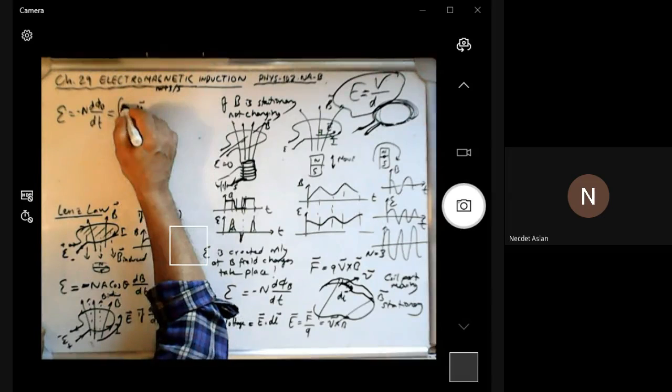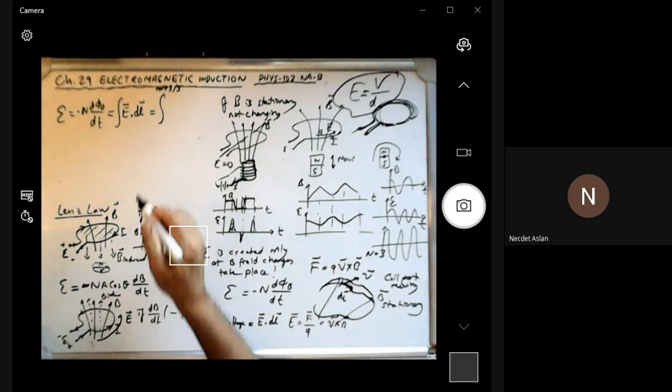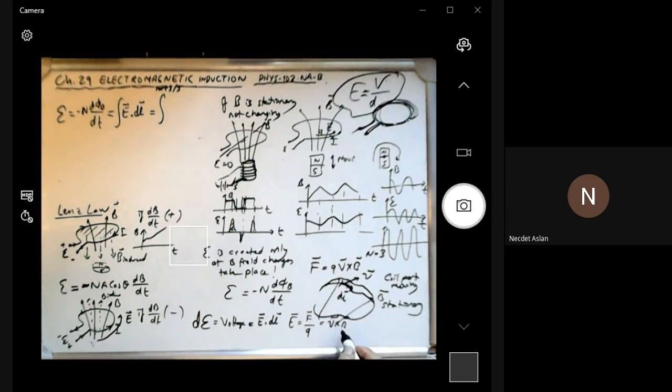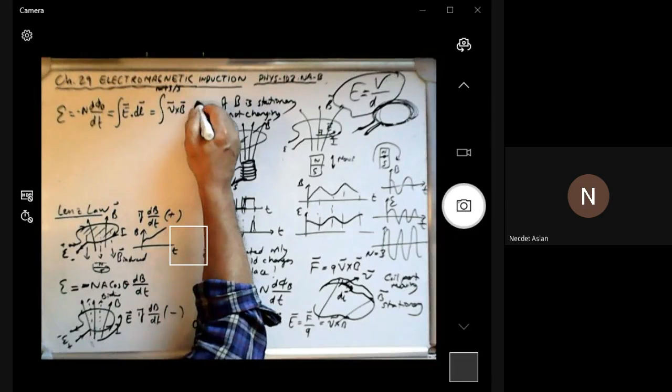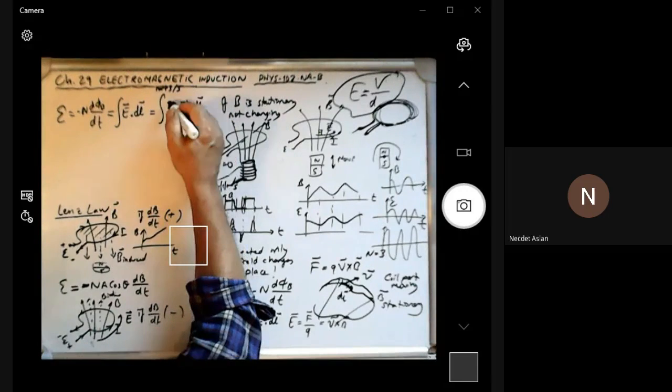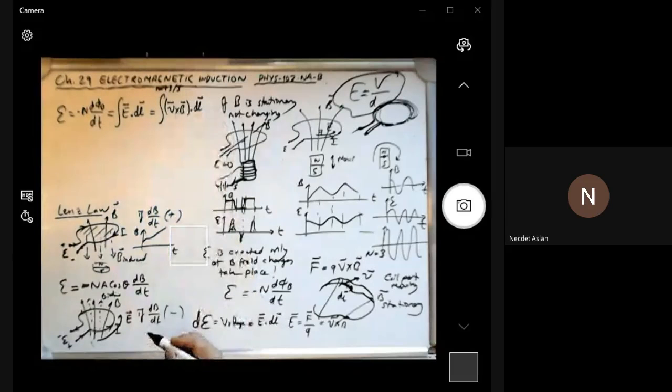But E can also be written as V cross B dot dl. As you see, there is a stationary magnetic field, but the coil is moving. So this is called motional EMF.